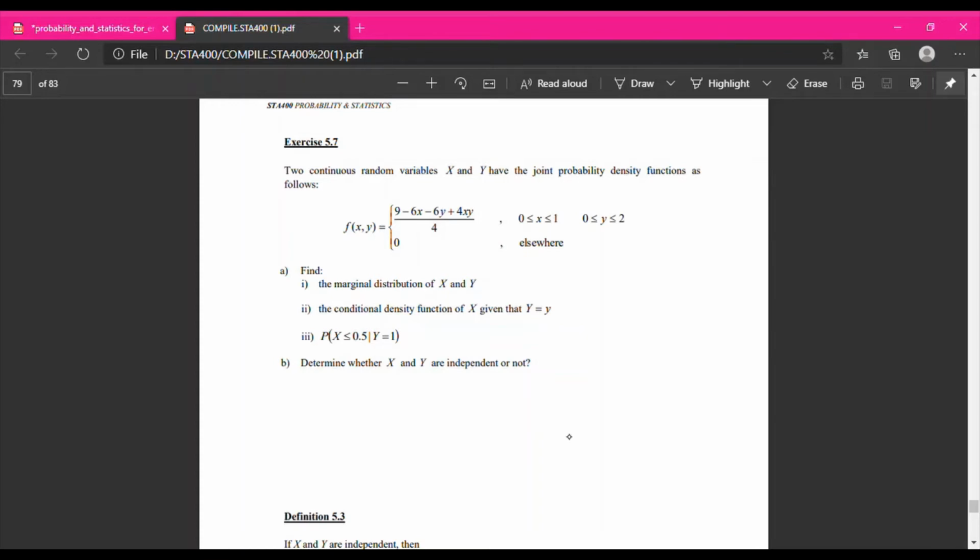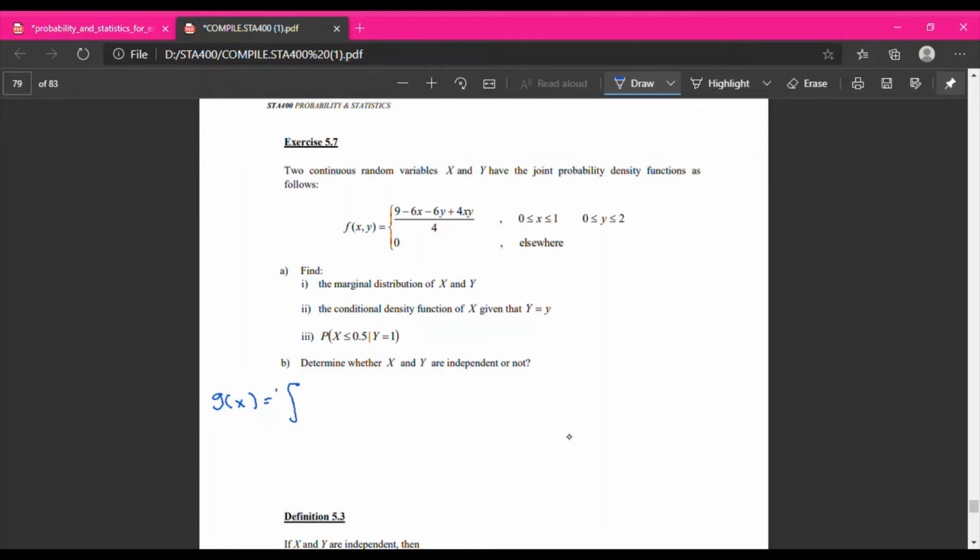Okay, so we want to find the marginal for x, which will be the integration of the function.